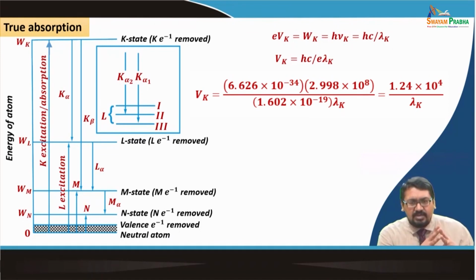So, if we look into this energy, that is Wk, the K excitation energy, in terms of electron volts, the critical excitation energy, which is equal to h mu k, that is equal to hc by lambda k, is the energy of the X-ray beam which is generated in the X-ray tube.